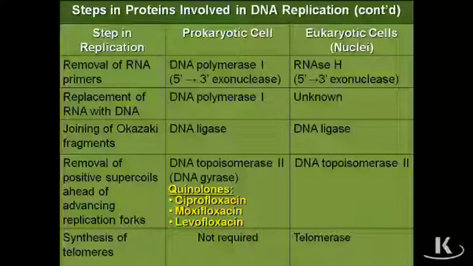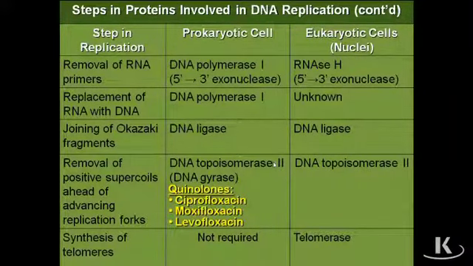Any type of quinolone drug is going to specifically block prokaryotic replication, and the way it does this is through inhibition of DNA gyrase. DNA gyrase is just a fancy name for DNA topoisomerase 2. In prokaryotes you call it DNA gyrase, but it really functions like DNA topoisomerase 2.